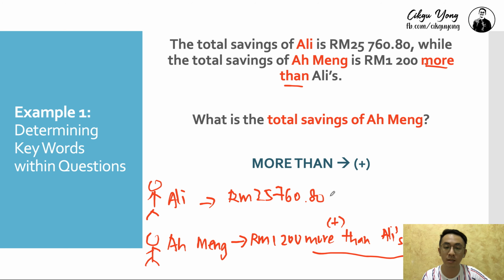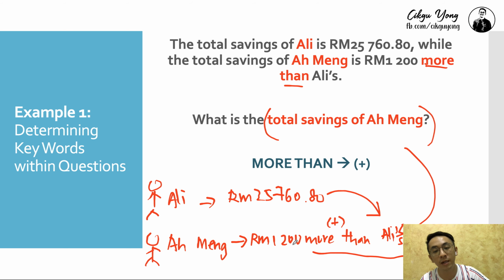So Ali's saving is this. Again, the total savings of Aming will be calculated based on this particular statement given. So it will be 1,200 ringgit plus 25,760 ringgit and 80 cents in order for you to get Aming's savings in this particular question.